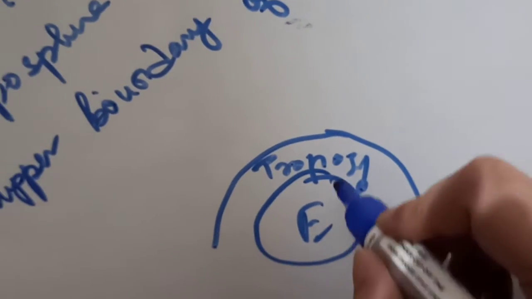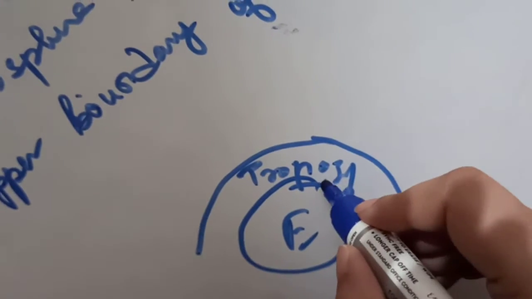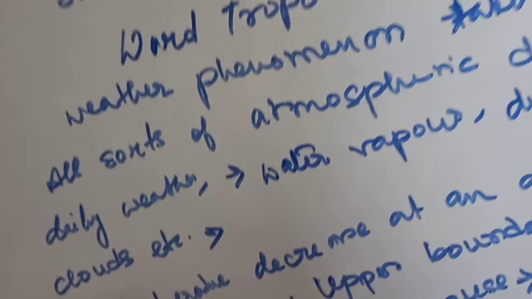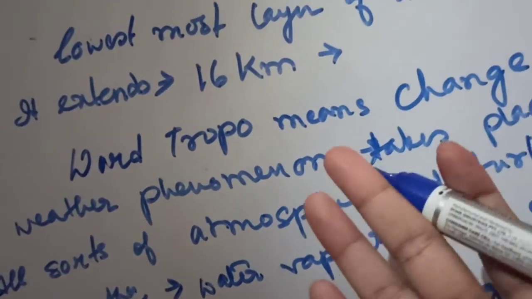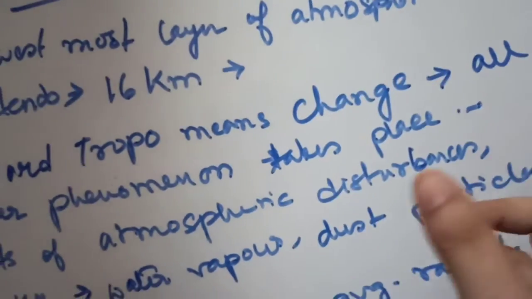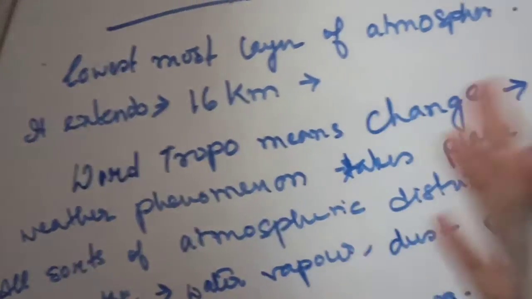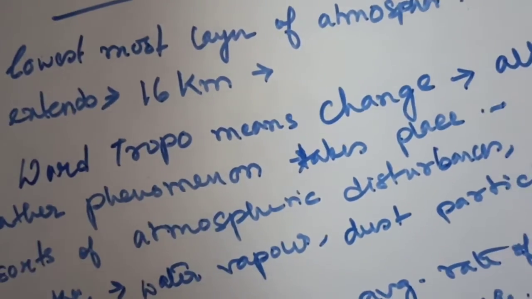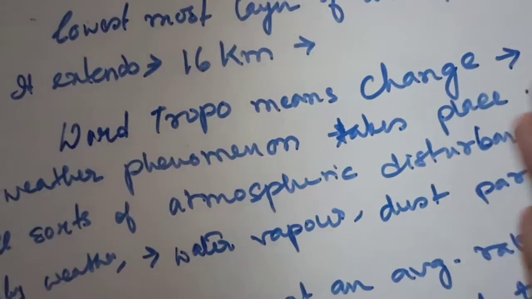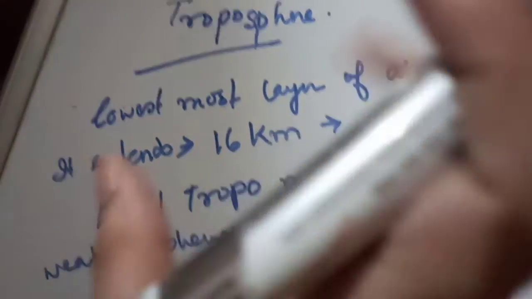The word tropo actually means change, and in this layer all the weather phenomena and different types of weather phenomena take place.